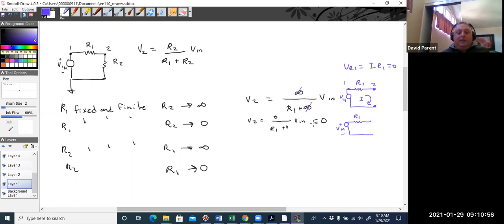Well, an element having 0 impedance or resistance, that's like an ideal wire, right? The wires do have resistance, but an ideal wire is just a short, right? And what will happen is, if I do that, node 2 doesn't even really exist anymore, because when you define it as ground, everything in this area is grounded.